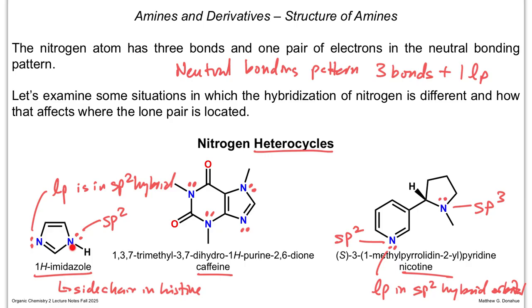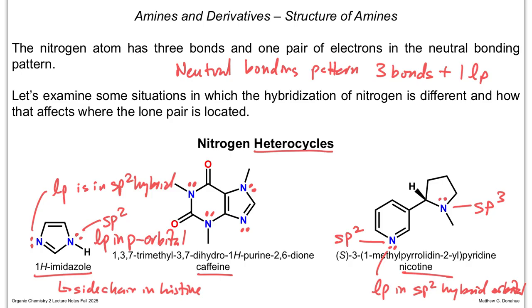The difference between these two: the lone pair here, because you don't see the pi bond, is in a p orbital. That's part of the conjugated system. Does everyone follow that?